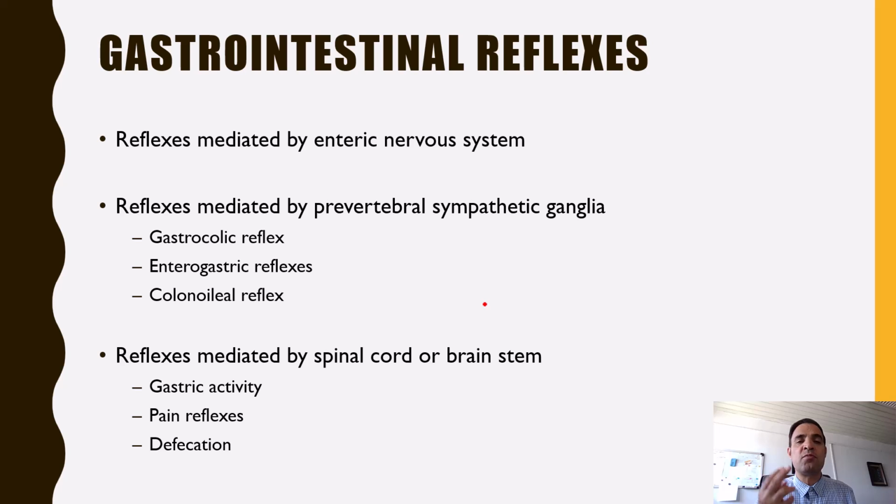For example, let me bring you three examples. One is the gastrocolic reflex. The name is very clear, gastrocolic. It means that the stomach will affect the activity of the colon. And all of us are familiar with this gastrocolic reflex. It is sometimes named the breakfast reflex.